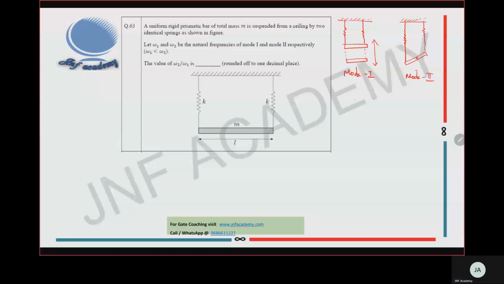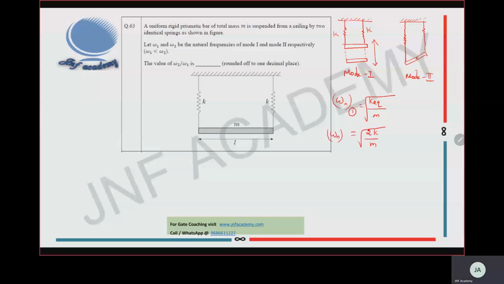For the first mode, this is K, this is also K. If I take this first mode, these two springs are in parallel combination. I can use the formula K equivalent divided by M. Since it is in parallel, I can put direct addition.